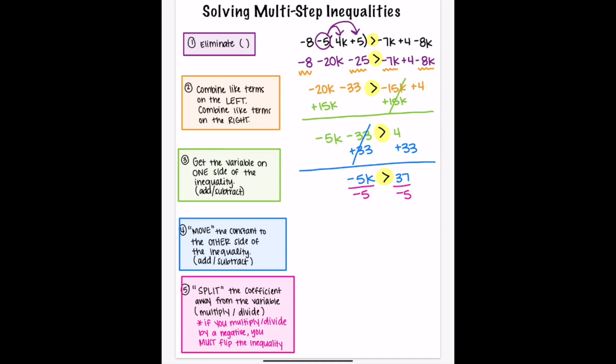But when we divide by a negative number, since we're dividing by a negative, we have to flip the inequality sign. So I want to make a very important note about that. Anytime you multiply or divide by a negative, flip the sign.